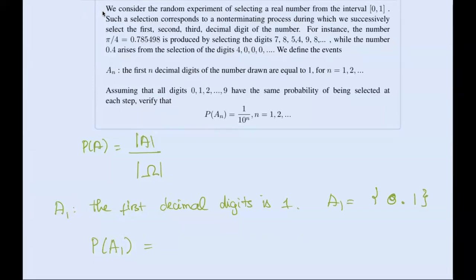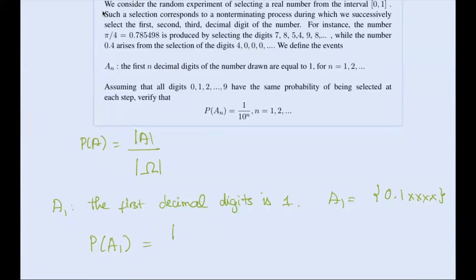Actually, let me think. I don't think it is a good way to denote this. Like 0.1, let's say something behind it, there might be other digits as well, but we don't really care. So we will have cardinality of A1 divided by cardinality of the sample space. And what is our sample space?